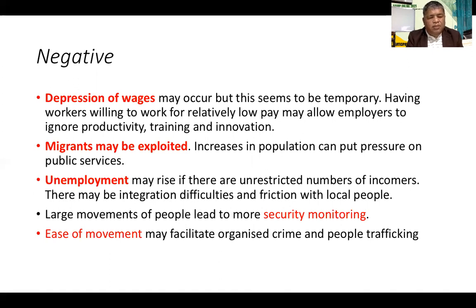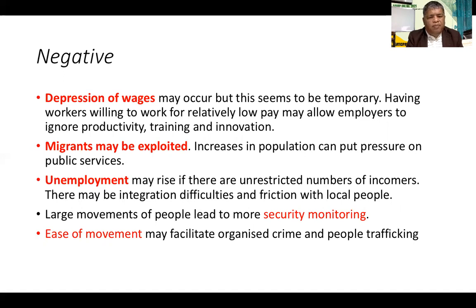Pasahod sa Pilipinas, mas maliit. So to them, that is big enough. However, by European standards, that is impoverished, mas mababa doon sa standard ng mga Europeano. So migrants may be exploited.